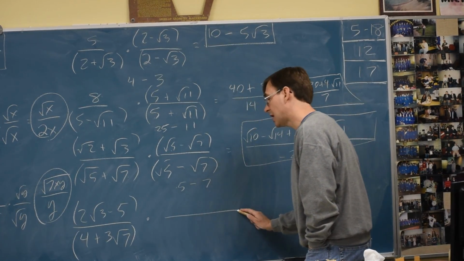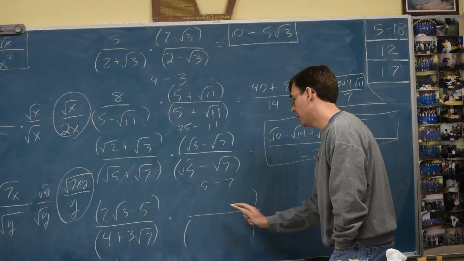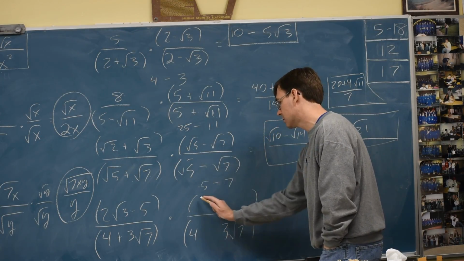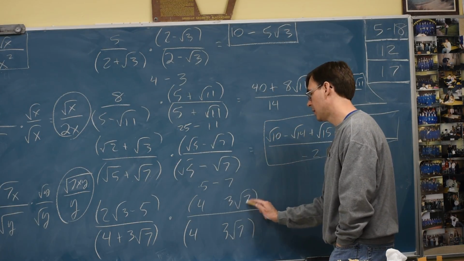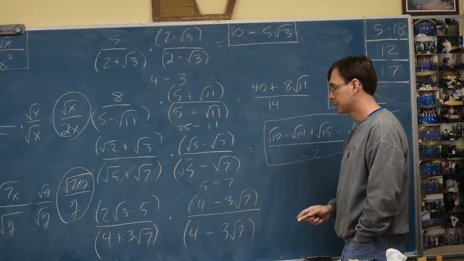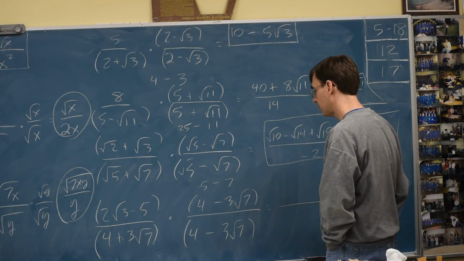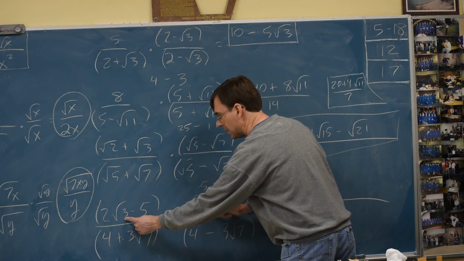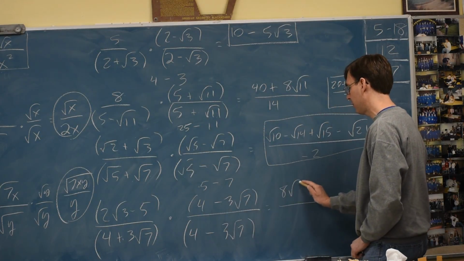Last one, same style. Okay. I'm going to do a group of parentheses with 4s and 3 root 7s. But since this had a plus, I'm switching signs. Top, I'm going to have to FOIL. 2 times 4 is 8 with a root 3 along for the ride.